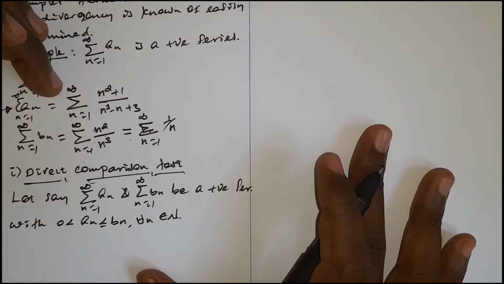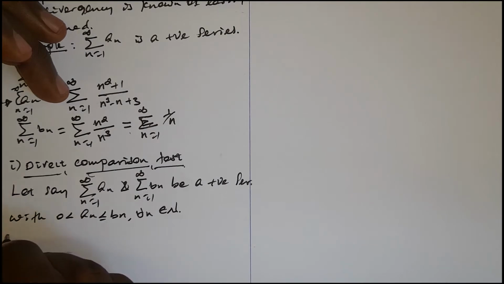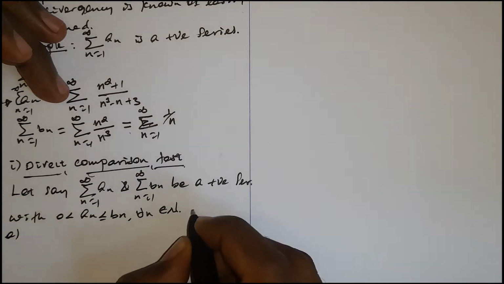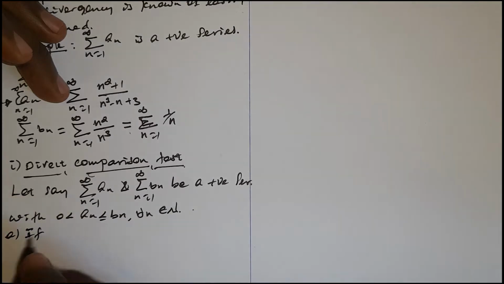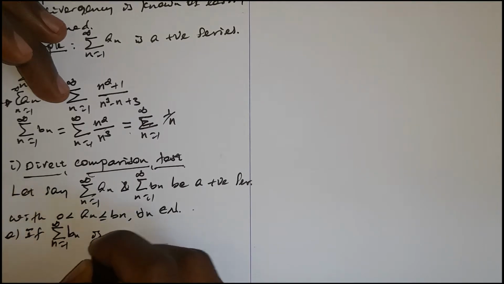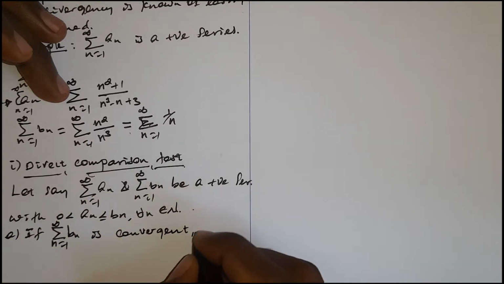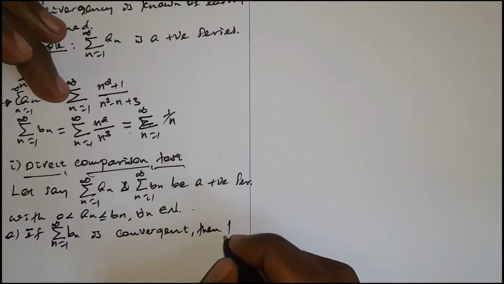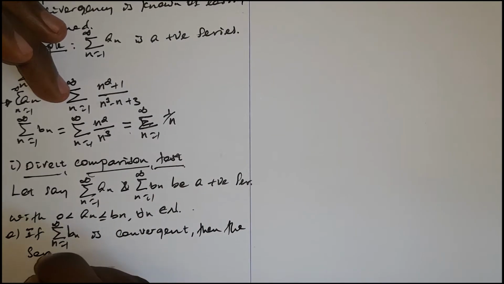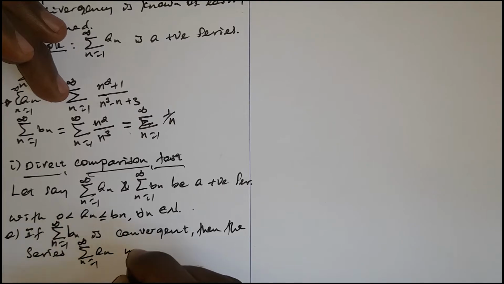Here we have two cases to determine the convergence of one series. Let's say A, if this given series Bn is convergent, then the series An will be convergent.